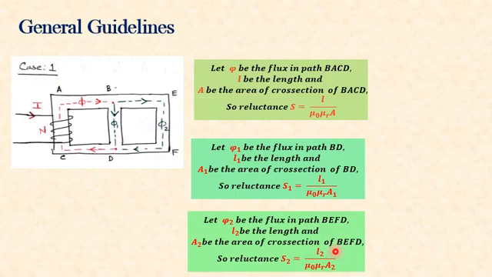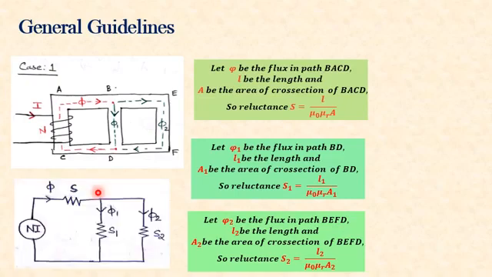So we know that a magnetic circuit is similar to an electric circuit. Then the electrical equivalent of the above magnetic circuit can be drawn like this. The total MMF, that is Ni, is the source which produces the flux phi.